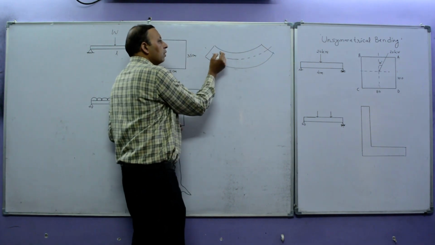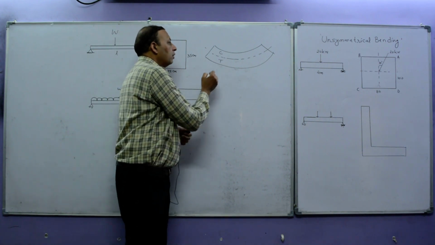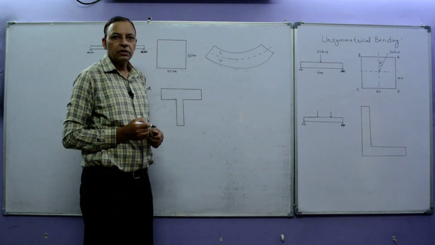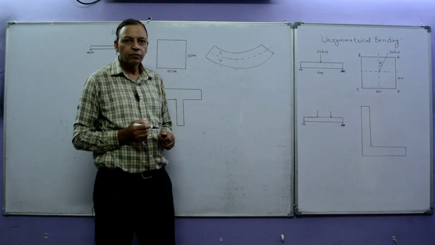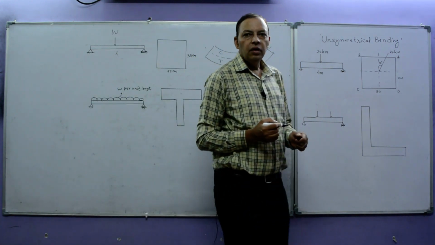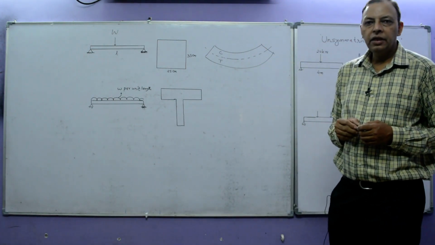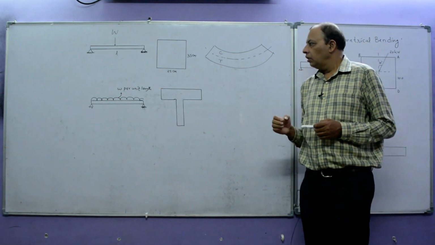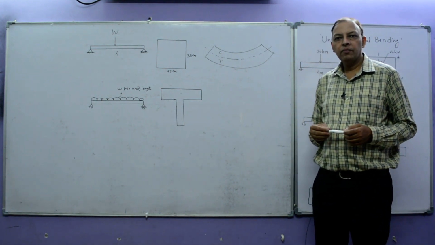The upper part of the filament bears a compressive stress, and the lower part bears a tensile stress. This concept we will apply here also. So this is the basic difference, or I can say how simple bending differs from unsymmetrical bending.